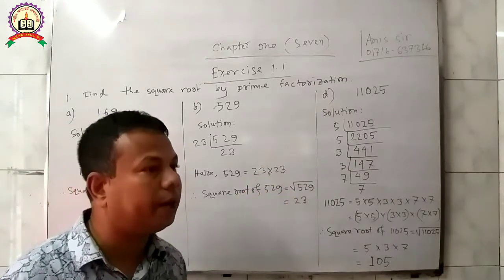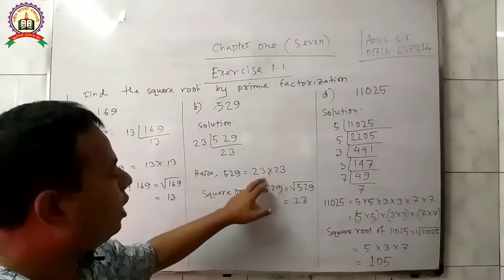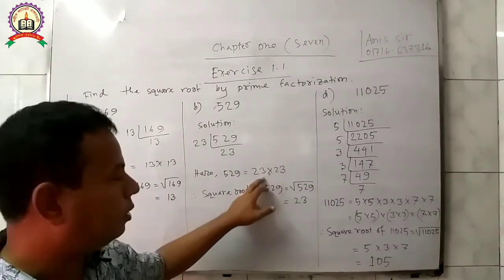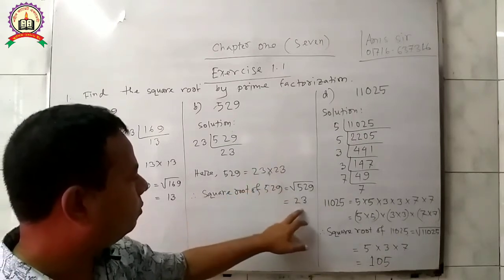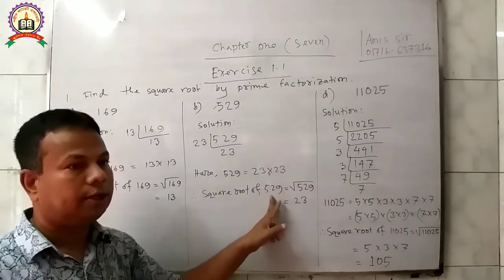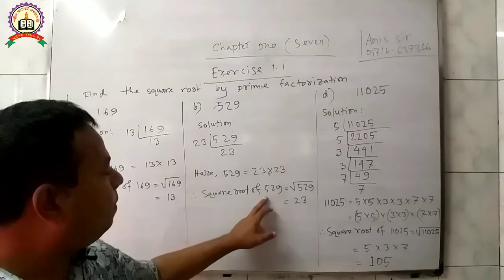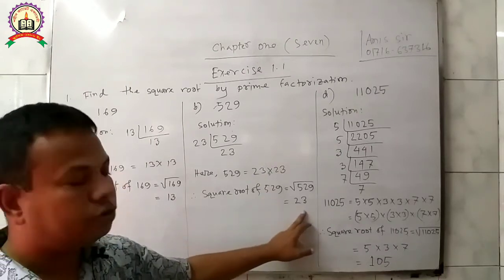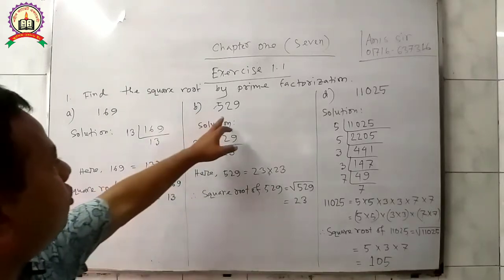There are two factors and it is a pair. So we take 23, and this is the square root of 529. The square root is equal to 23, and this is the answer.